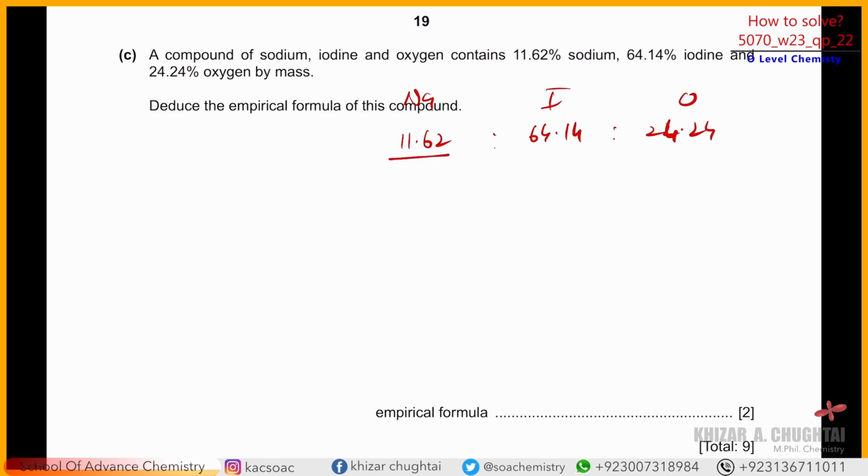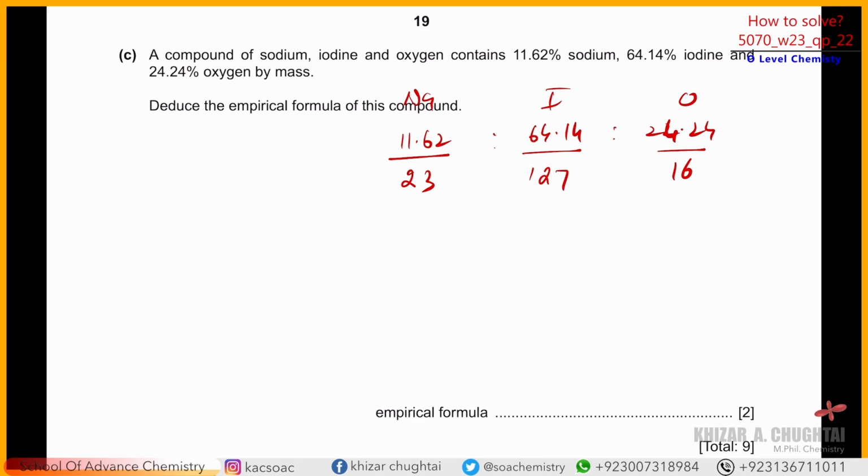So divide by the Ar of these elements. 23 is the Ar of sodium, and what is the mass of iodine? That is 127. What is the Ar of oxygen? That is equal to 16. Now come towards the answer.